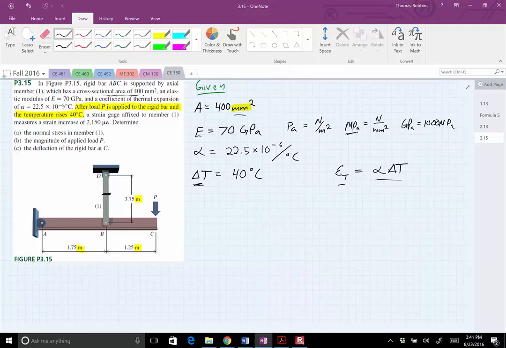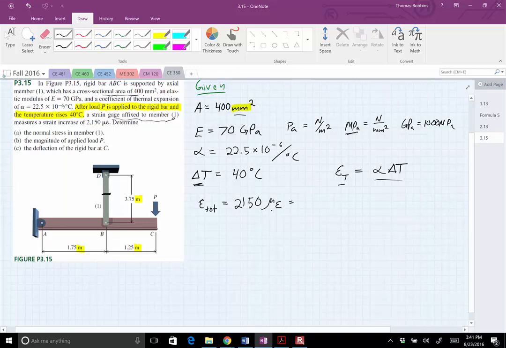Another piece of information we were given is our total strain, because a strain gauge affixed to the member measured the strain increase of 2,150 microepsilons. So what that means is epsilon total, and I'm just going to write epsilon tot, equals 2,150 microepsilons.